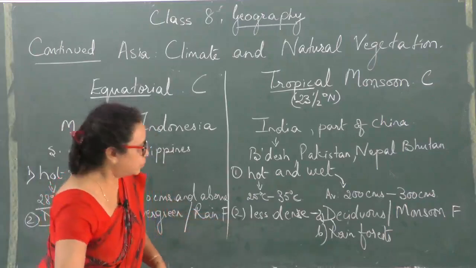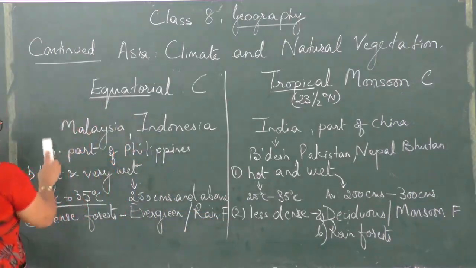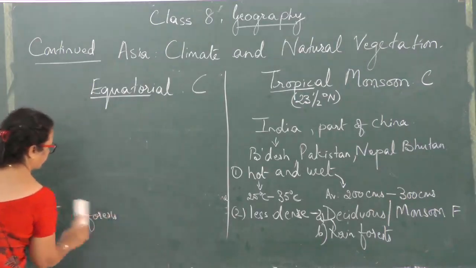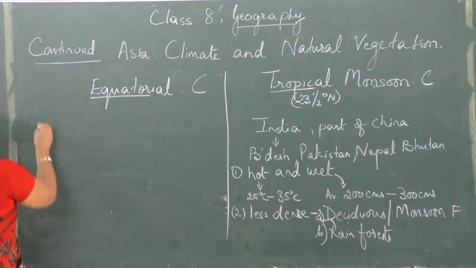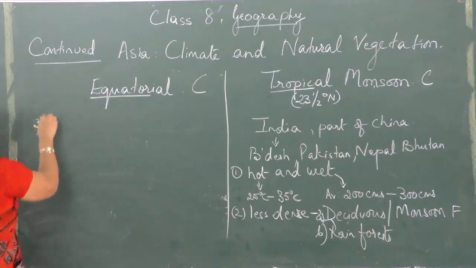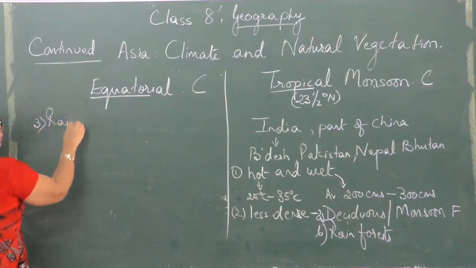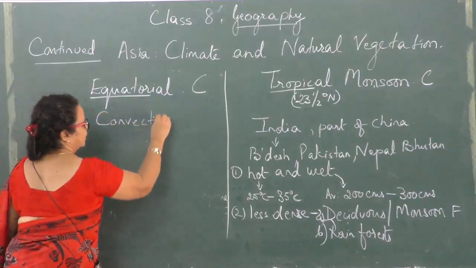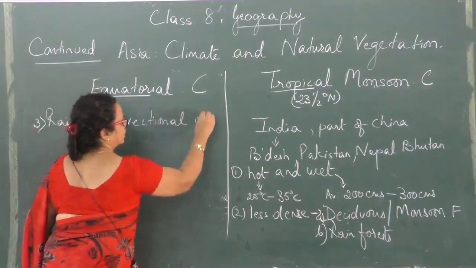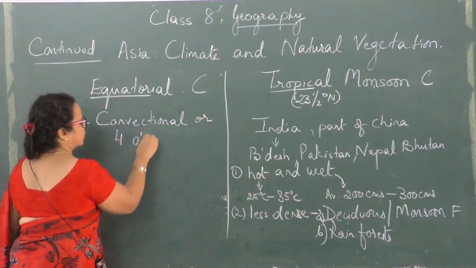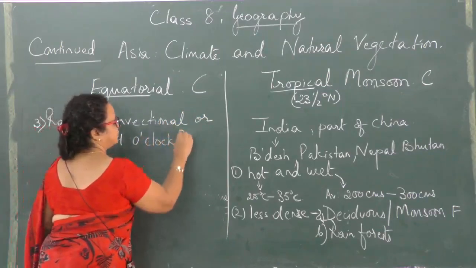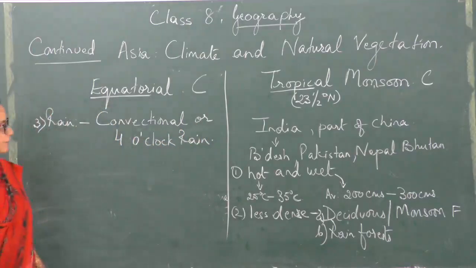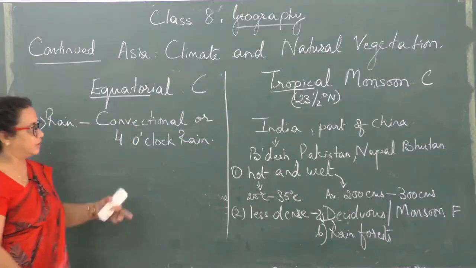Okay, we move on to the type of rainfall. Under the equatorial region, this will be your third point, relating to the nature of rainfall, we get what is called convectional or 4 o'clock rain. Special type of rainfall it is. Convectional or 4 o'clock rainfall.